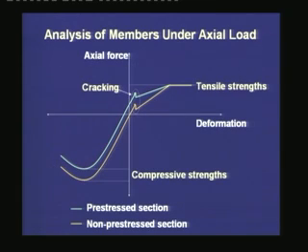If we go back to this curve and if we pick up any axial force, what we see corresponding to an axial force is that the orange line is much shifted from the blue line along the deformation axis. What it means is that the deformation of the reinforced concrete member is much higher as compared to a prestressed concrete member for a given level of the axial force.